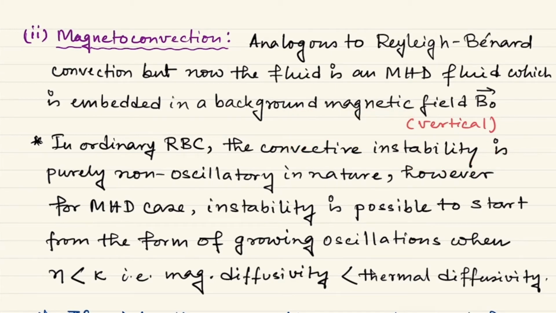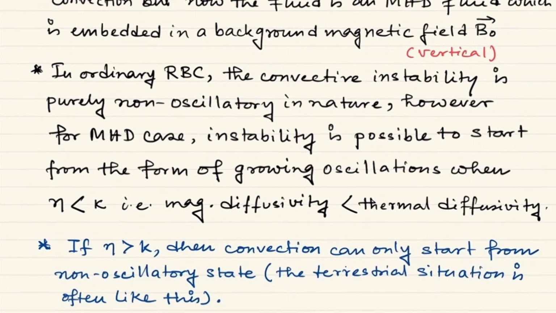So if we have such an equation and we have two diffusivities, one magnetic diffusivity, another thermal diffusivity, and thermal diffusivity dominates over magnetic diffusivity, simply the instability is possible to even start in the form of growing oscillations. So that means even at the very outset of the instability we have an oscillatory type of solution, but this oscillation actually grows in time, which leads to the instability.